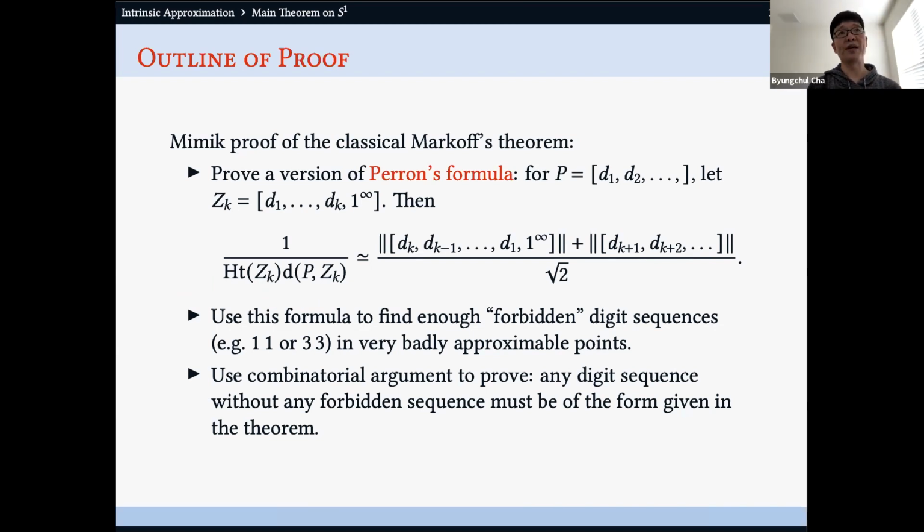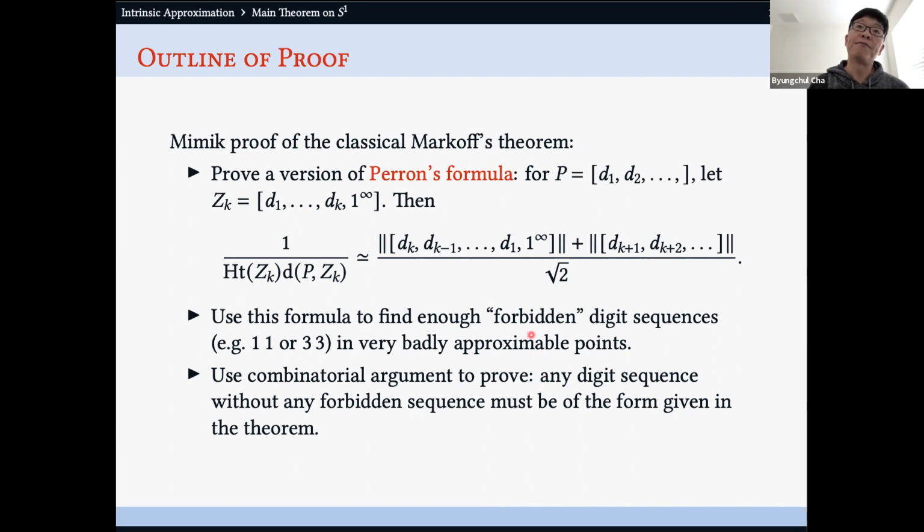Markoff did, which means, now we're getting into a combinatorics region. That is, we are able to produce a few examples of quote unquote forbidden sequences if your point P is very badly approximable. Now, of course, I have to say that a priori, you have to have a guess for the smallest accumulation point in order to define the forbidden number, but that's easy to do.